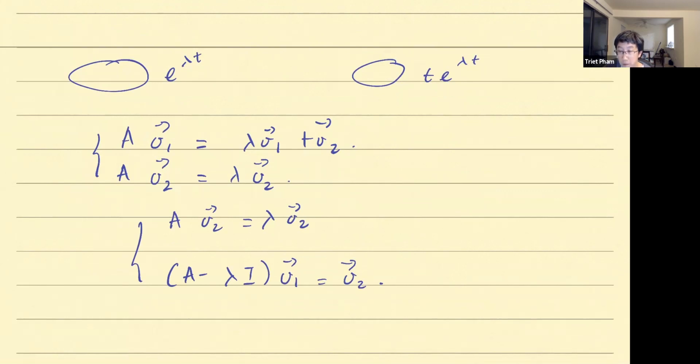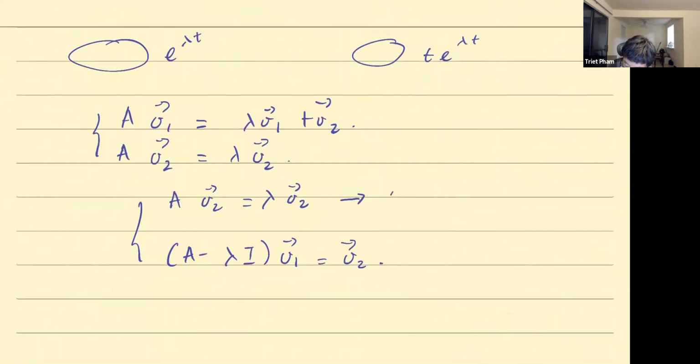Okay. So what does this mean? The first equation is our familiar definition. This means that V2 is the eigenvector corresponding with the eigenvalue lambda.